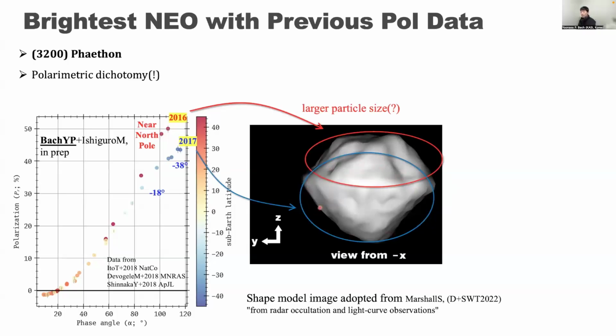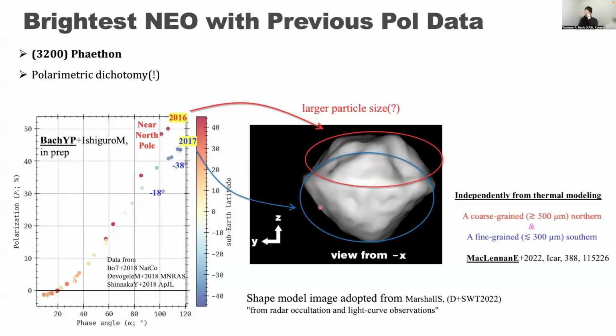Interestingly, from a theoretical modeling viewpoint, thermal modeler Eric MacLennan published a paper recently and independently from polarization studies, showing that a coarse-grained northern hemisphere and fine-grained southern hemisphere two-grain size model is necessary to explain the multi-epoch thermal data, including WISE and Spitzer data.